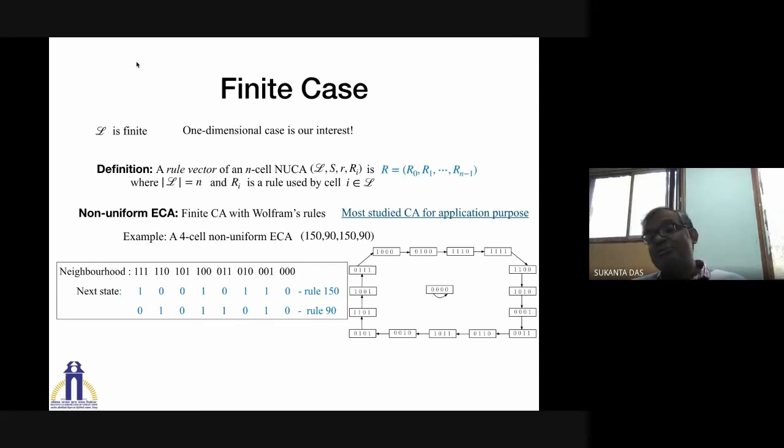This behavior we observe in the case of null boundary condition. This kind of CA is called maximal length cellular automata. We shall discuss this because this class of CA has different applications and is used in different domains, right?